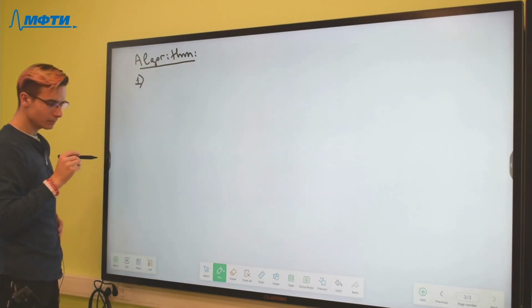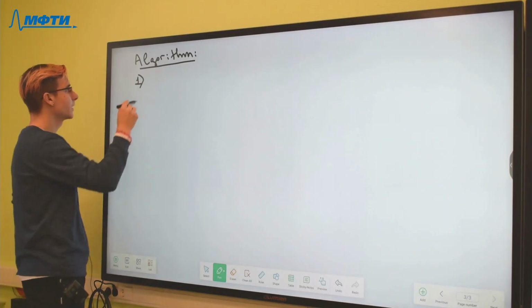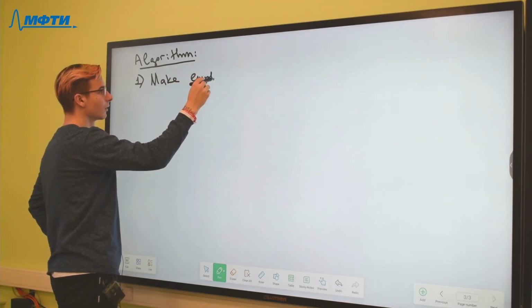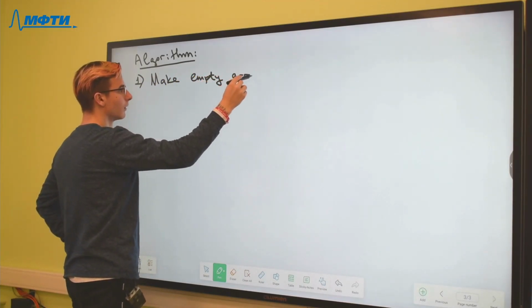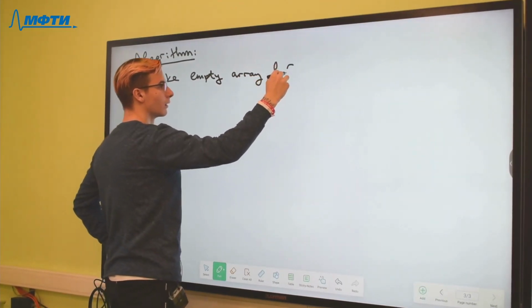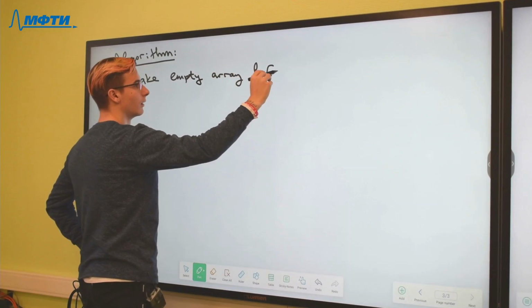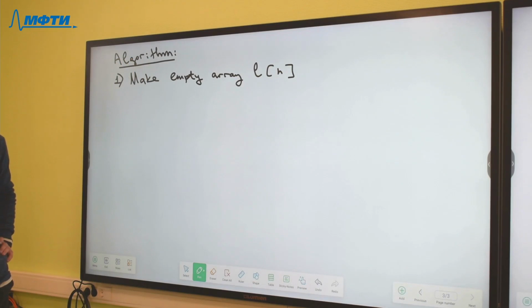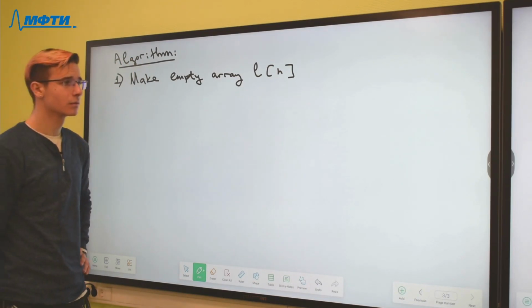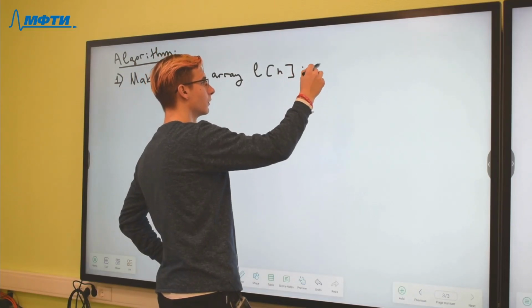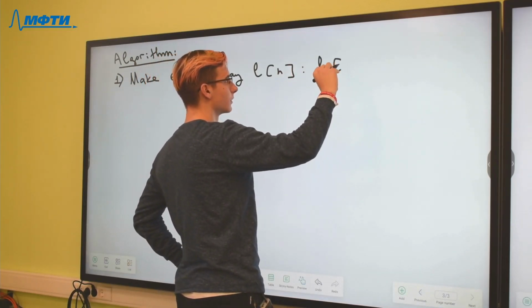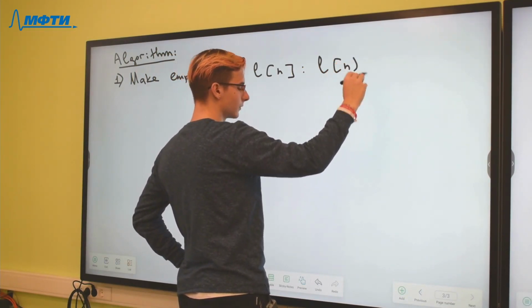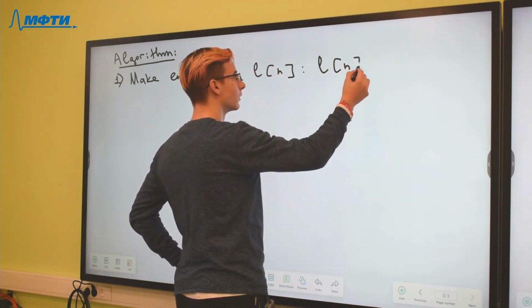Firstly, make an empty array L of size n and set each L(i) equal to 1.